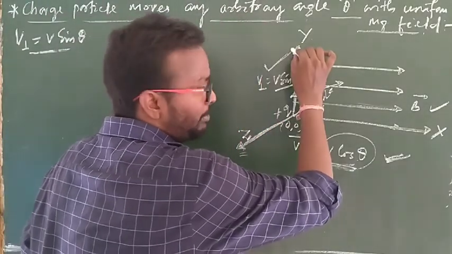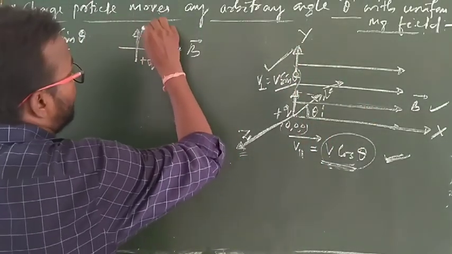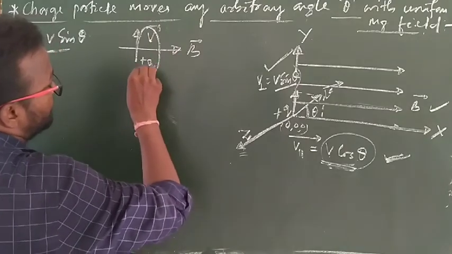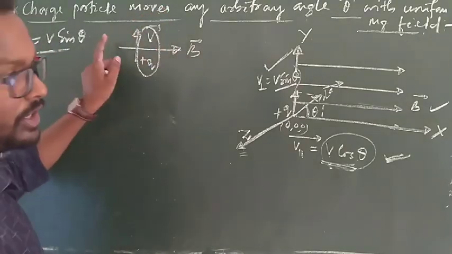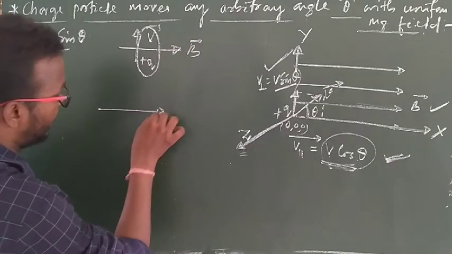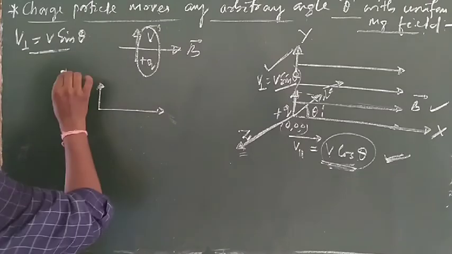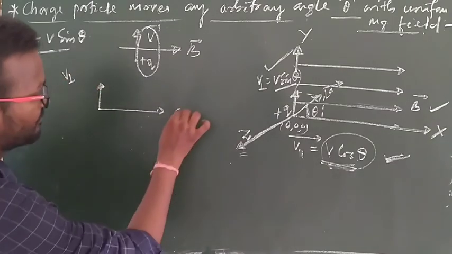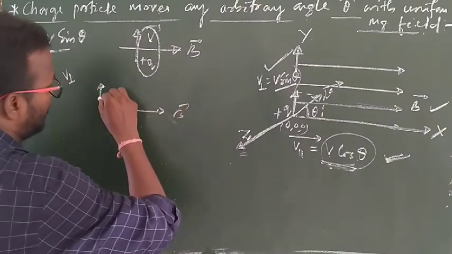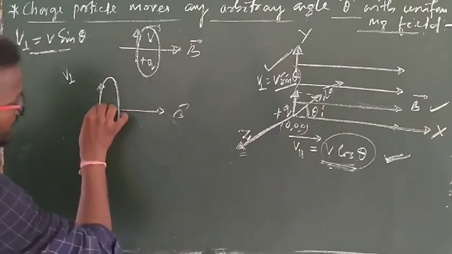Due to this perpendicular component, the charged particle makes a circular path in this way. If this is the direction of magnetic field and this is the perpendicular component, V perpendicular, the charged particle makes a circular path. Clear?